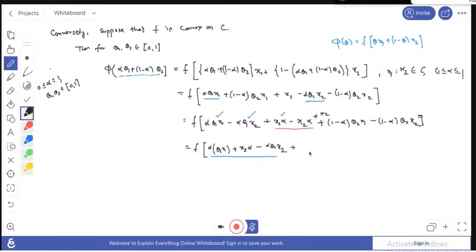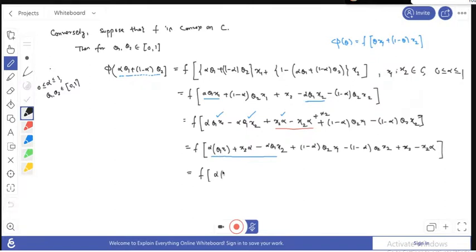The remaining terms are written in this form. So plus 1 minus alpha times theta 2 x1, and minus 1 minus alpha times theta 2 x2, and this term is x2, and minus x2 alpha. So these are the remaining terms. We wrote these together and these remaining ones together. Now this equals f of, and we have to rearrange a little.